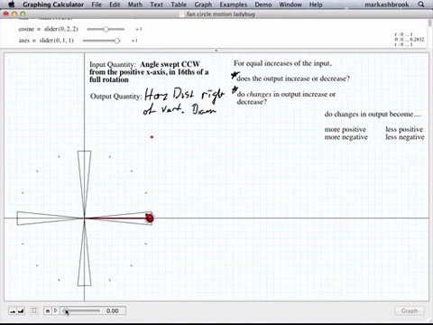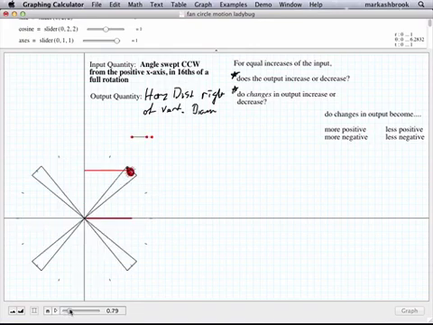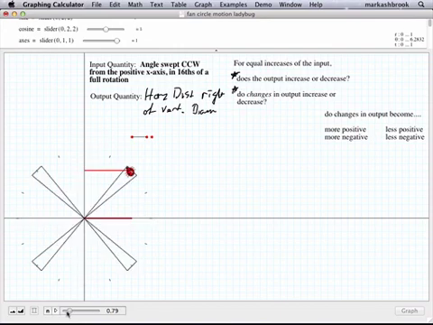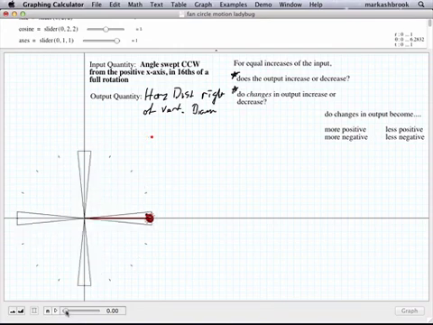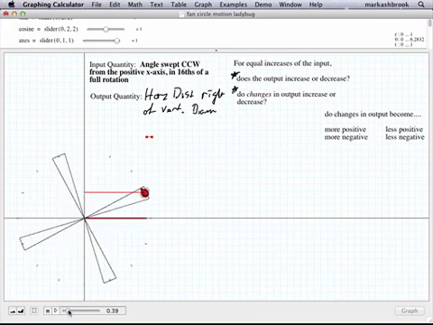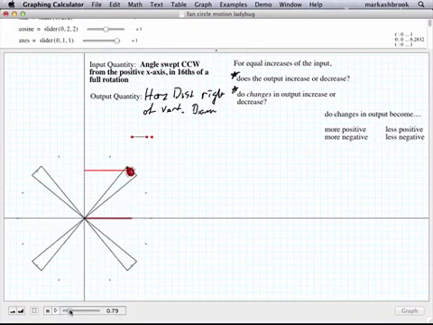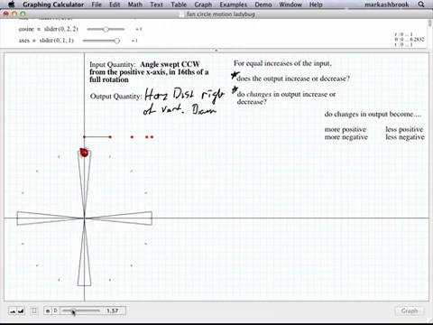Is the output increasing or decreasing? Are changes increasing or decreasing? Go. Answer them. One more time.